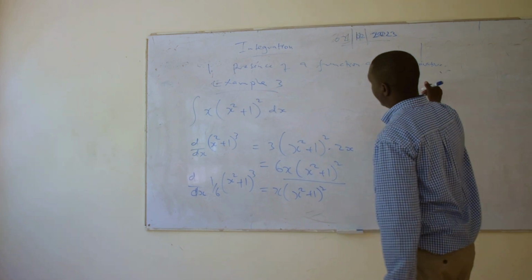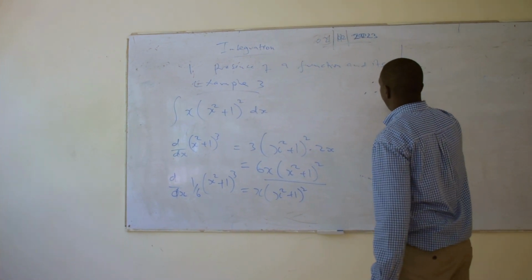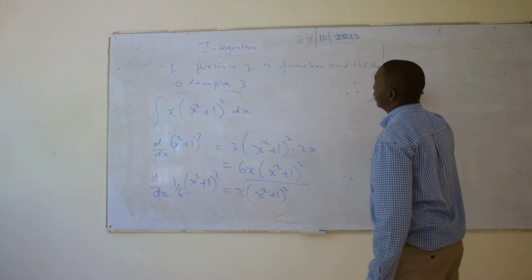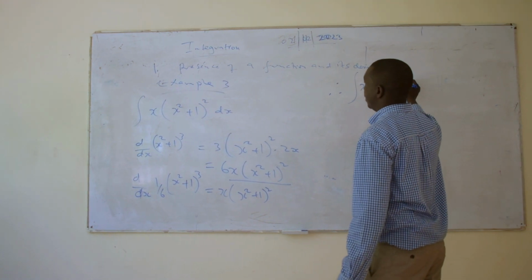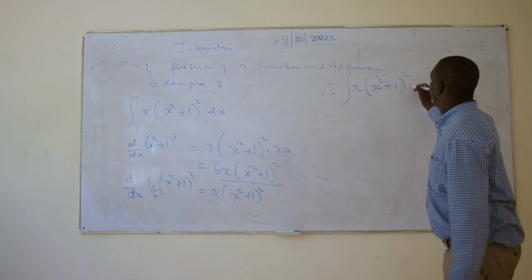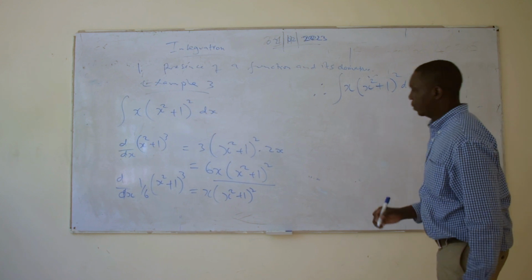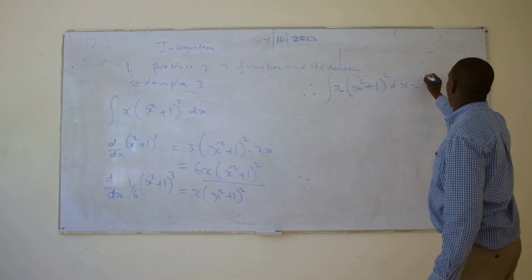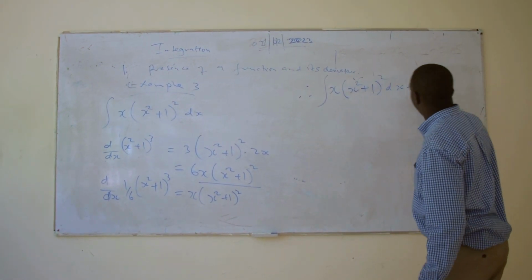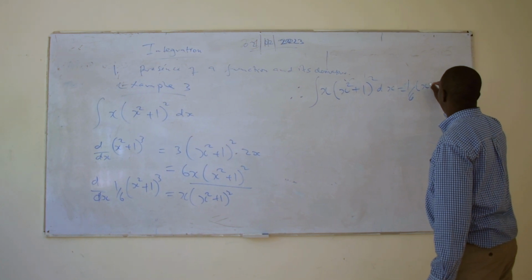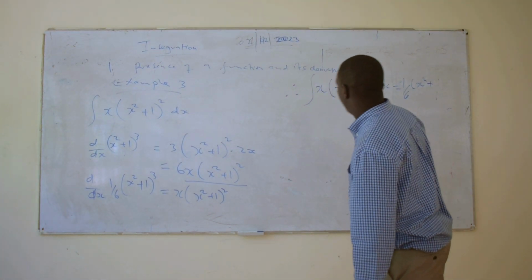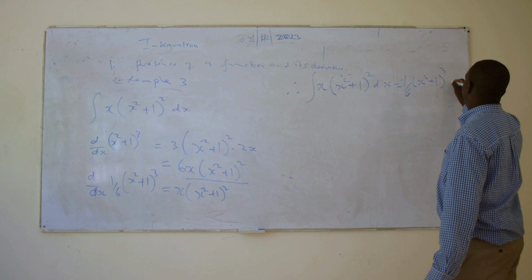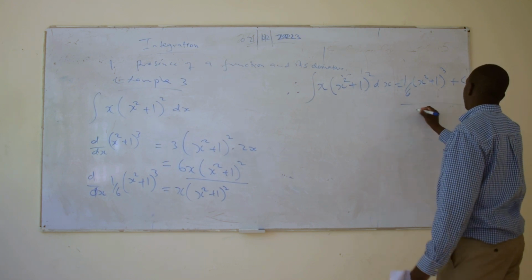Therefore, the solution of the integration of x (x squared plus 1) raised to the power 2 dx is equal to 1/6 (x squared plus 1) raised to the power 3 plus the constant c.